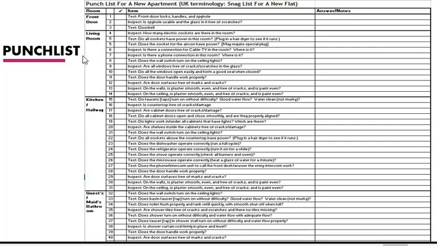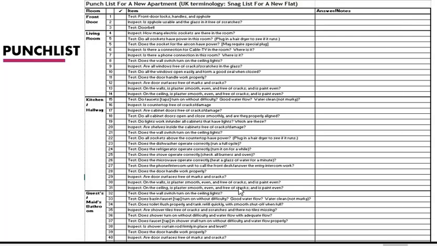So this is the template for a punch list for a new apartment, which mentions the items in different rooms, that is front door. So the test is front door, locks, handles, and spy hole. So here, if it is checked, or if it is done, then you just have to put a check on it and write the answers or additional notes.